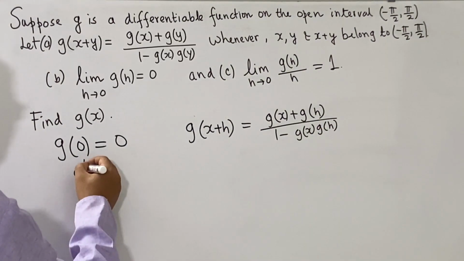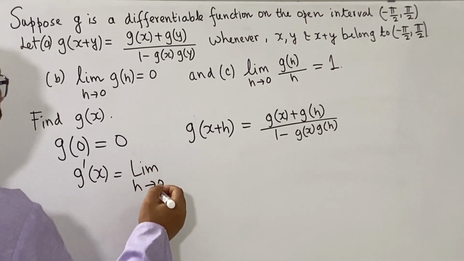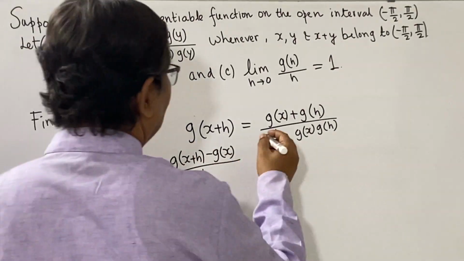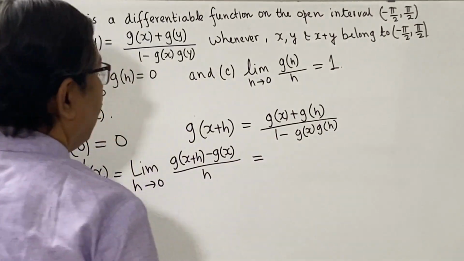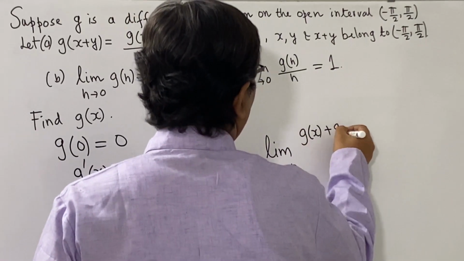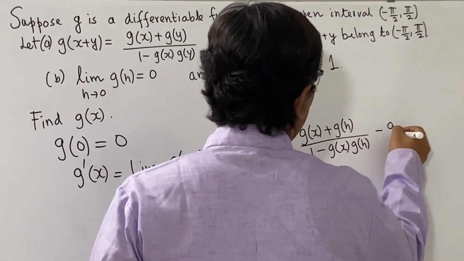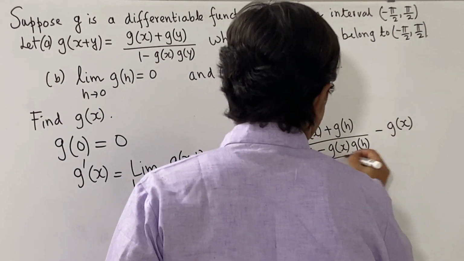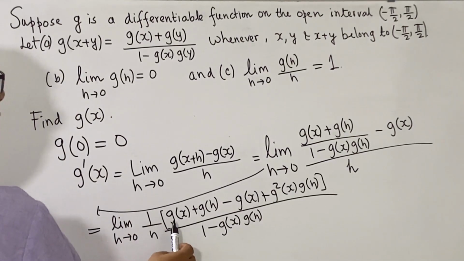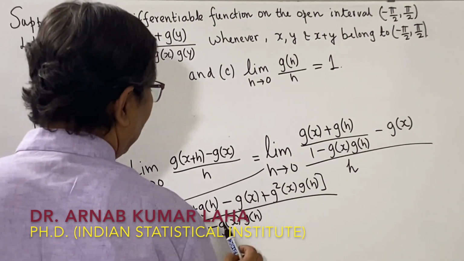And remember that g prime x is limit as h goes to 0, g of x plus h minus gx by h, and that by this formula gives us limit h goes to 0, gx plus gh divided by 1 minus gx into gh minus gx, and this whole thing is divided by h. Simplifying this, we get limit h goes to 0, 1 by h, gx plus gh minus gx plus g square x gh, whole divided by 1 minus gx gh.